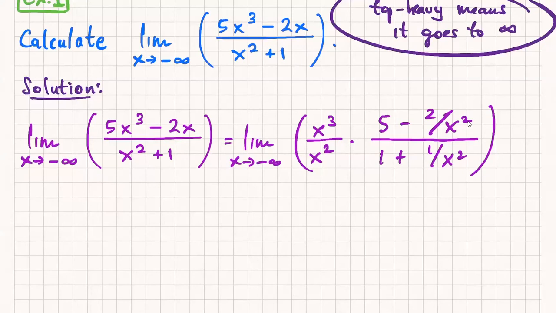Now I'm going to use calculus. Right, so I'm going to look at the limit of each term separately. It's kind of like when we did those trig limits, right? You look at each term separately.